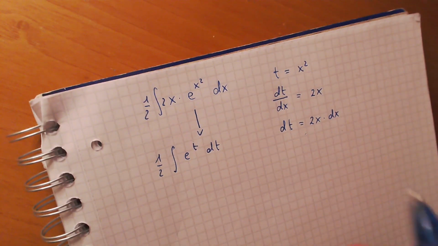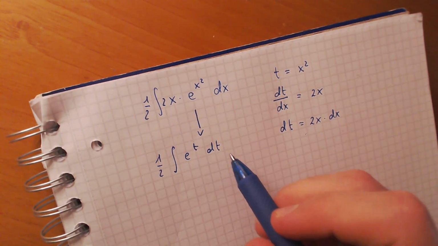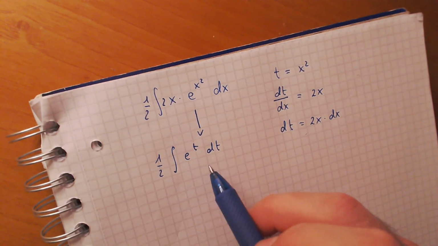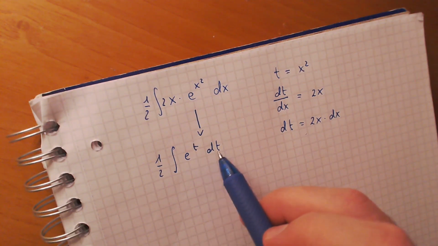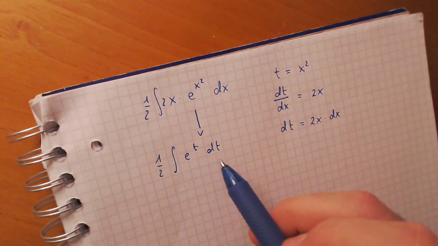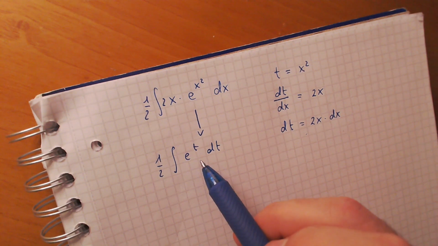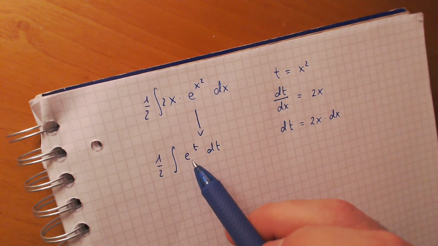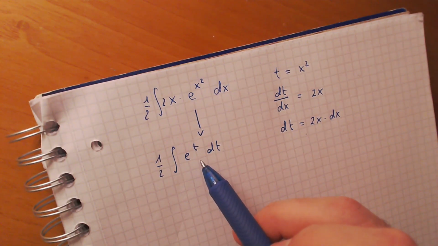Okay, so here we now have to compute the integral with respect to t, but we know that the integral of the exponential function in this form is the exponential function.